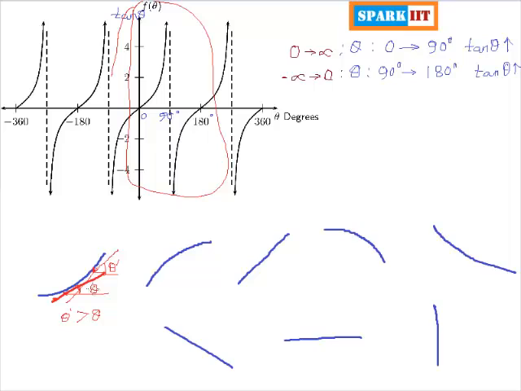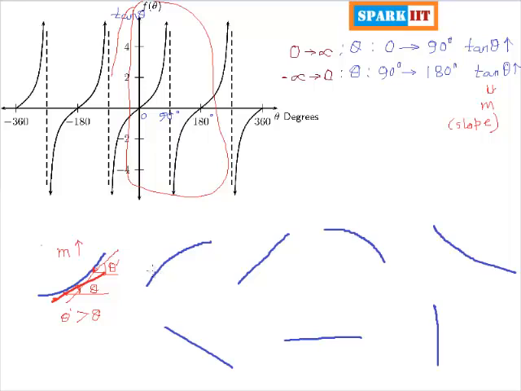So as theta is increasing, tan theta would increase. Let me call tan theta as m, or slope. So m is increasing in this curve.